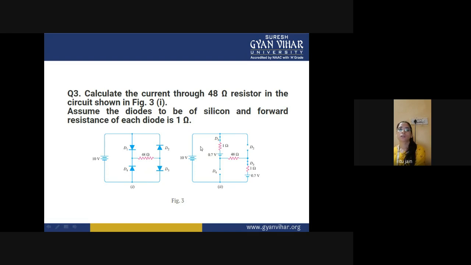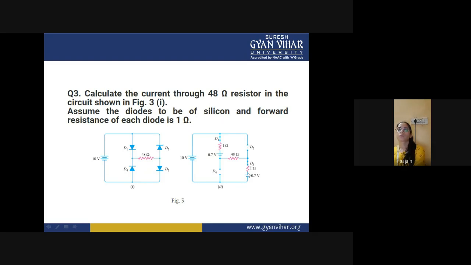So we can take the equivalent circuit diagram of this circuit. You can see that this is your 10 volt supply, and this is your diode D1, D3, D2 and D4, and this is your open circuit. In the question we are assuming the diode to be of silicon and the forward resistance of each diode is 1 ohm.